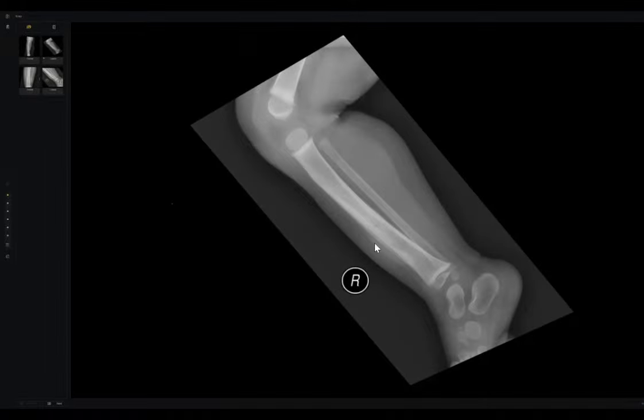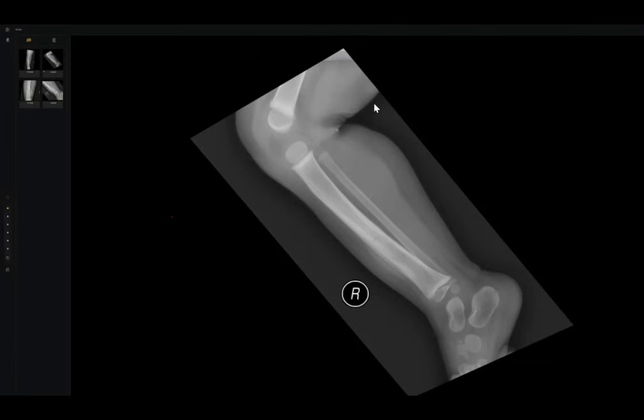If you saw this one, you will not talk about osteomyelitis. Please don't mention osteomyelitis in a case like this. From the beginning, it is a metastatic tumor, and we are searching for a primary. Finally it was Ewing sarcoma.